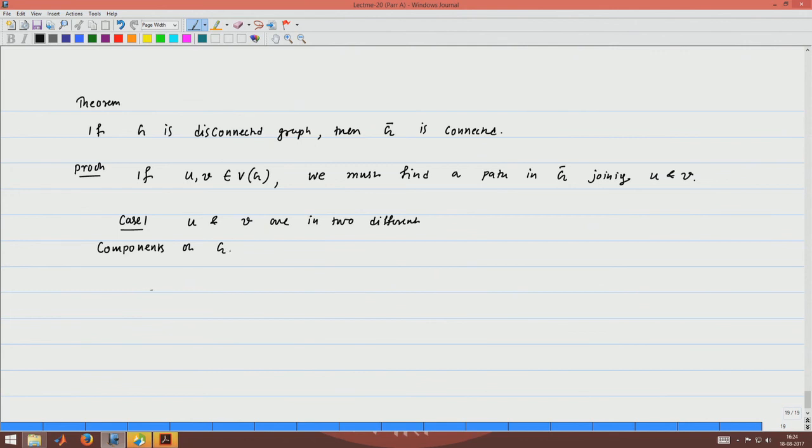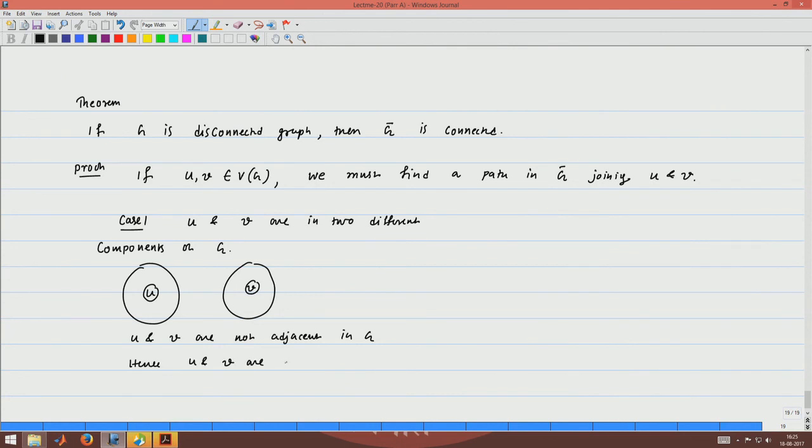So, the first case is that U is a vertex in one component of G and the other vertex V is in another component of G. Since they are in two different components, U and V are not adjacent in G, hence U and V are adjacent in G complement by the definition of G complement.